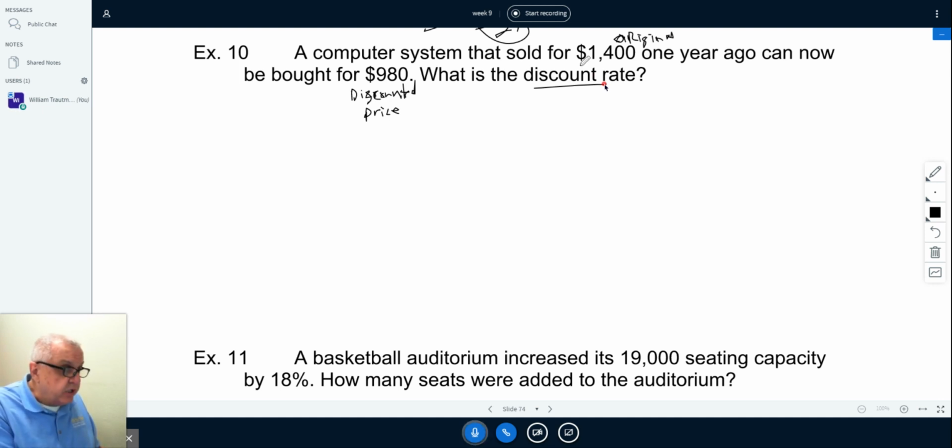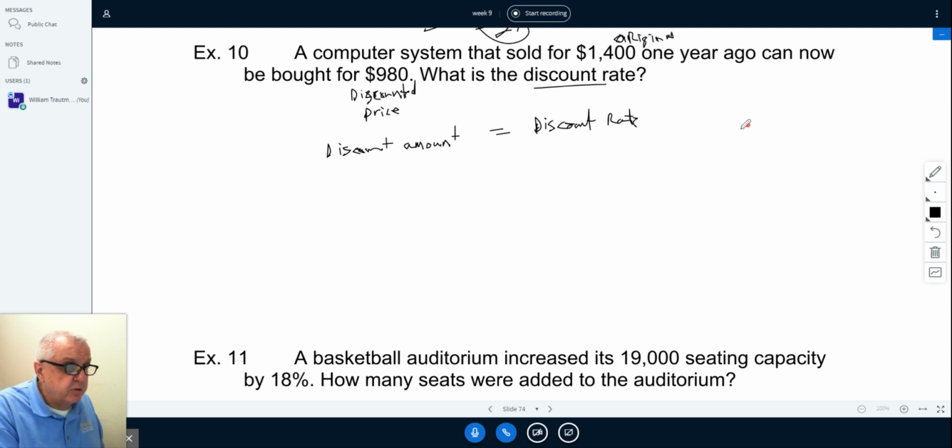So we're going to use the first formula I wrote down. Discount amount equals the discount rate times the original price.